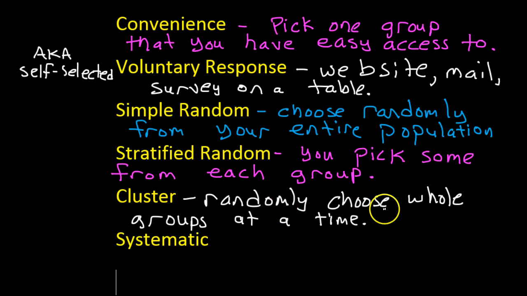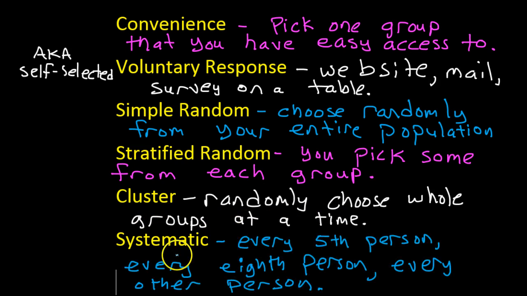I'm randomly choosing entire classrooms, so that would be cluster. And systematic is where you have some type of system, like picking every fifth person off a list, or every eighth person that walks in the door, or every other person in the line. So these are the six methods that we've talked about.